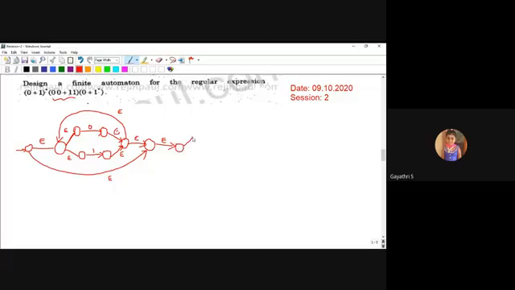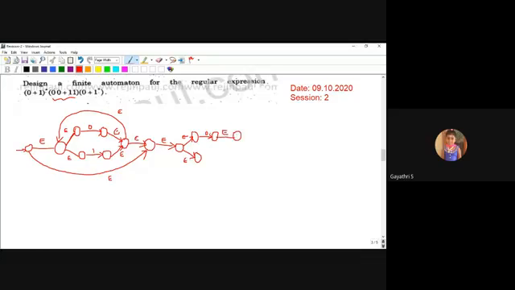This is epsilon, this is epsilon. The upper part is 00, so concatenation with 00. This is 0, next is 0, which is in the form of concatenation, so in between one epsilon is added.